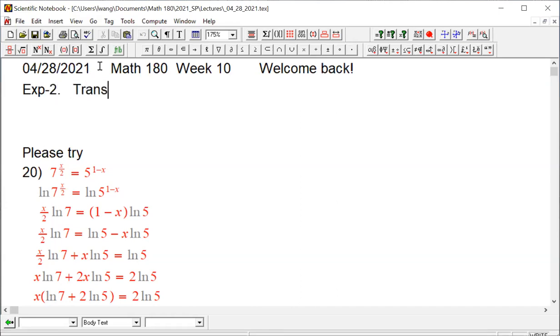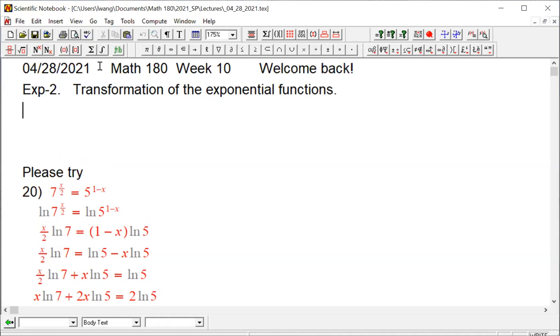It's about transformation of the exponential function. We have done the graph of 2 to the power x and e to the power x, didn't we?